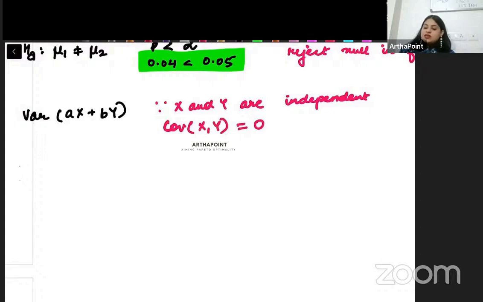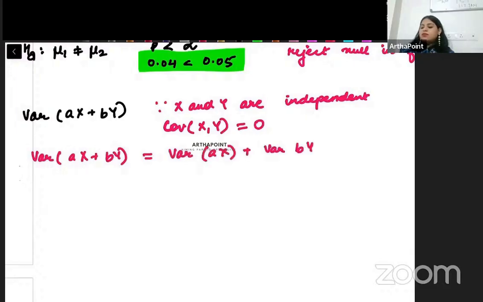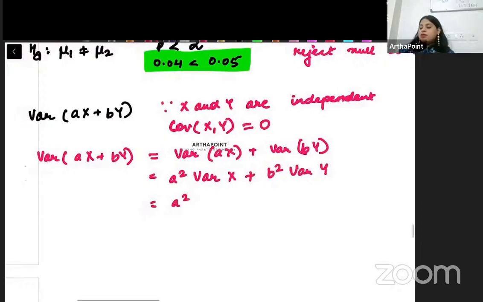So variance of ax plus by will be variance of ax plus variance of by. Now I can take these coefficients out. So it will be a square variance of x plus b square variance of y. So a square sigma x whole square plus b square sigma y square. This is your answer to this question.